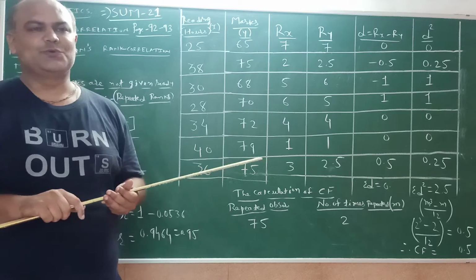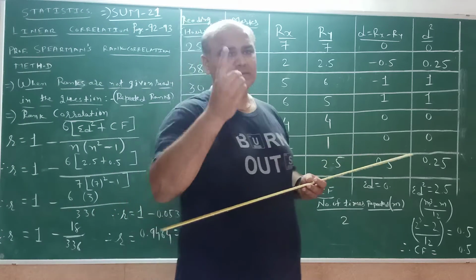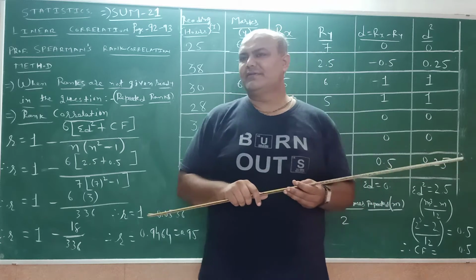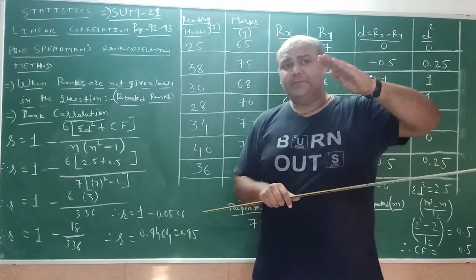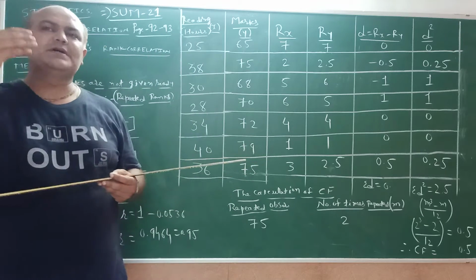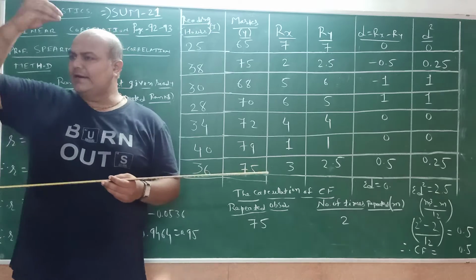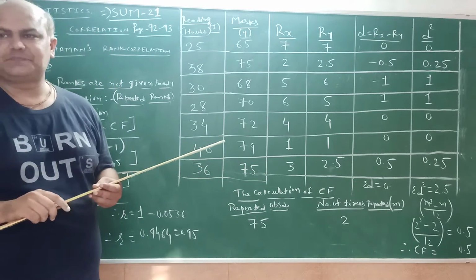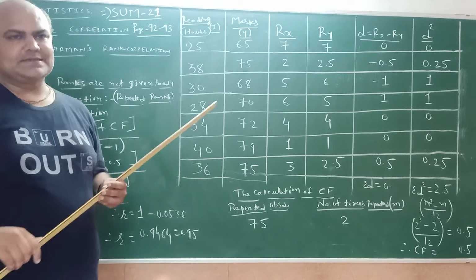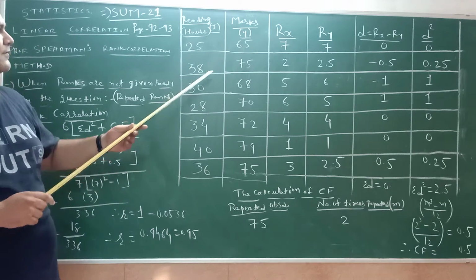In marks also, whoever student got the maximum marks is provided first rank. In the same way, as the marks reduce, the ranks are second, third, fourth, fifth, and so on. So students, these two columns X and Y are given in the question.